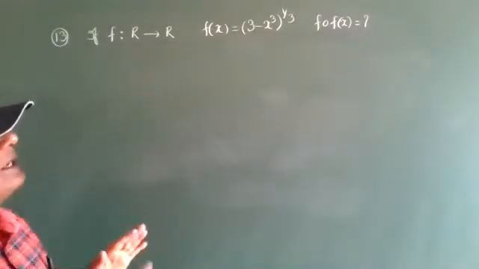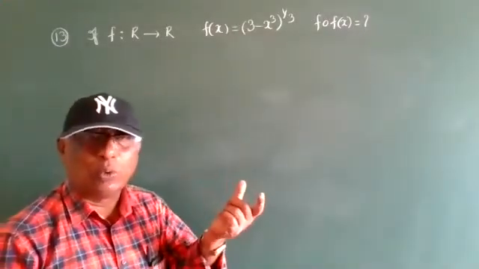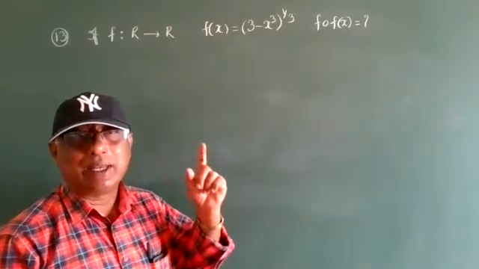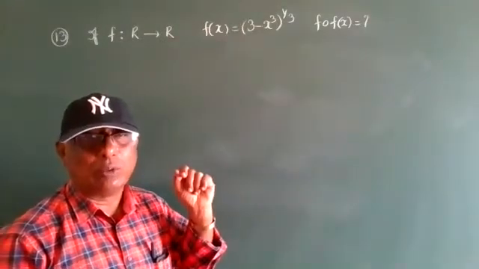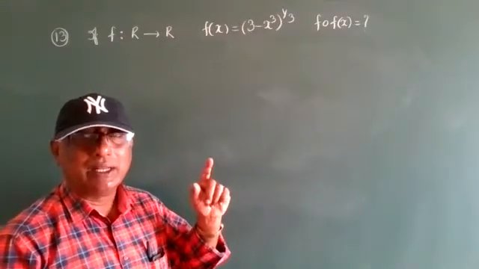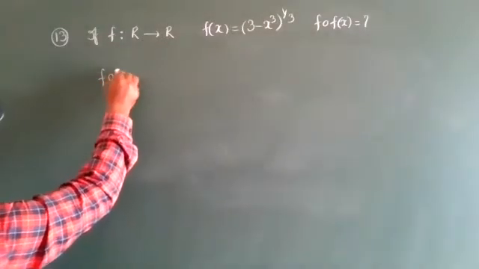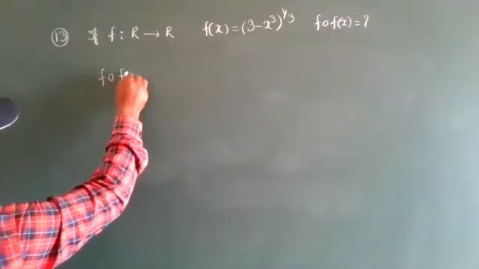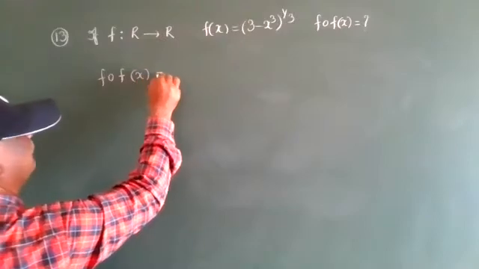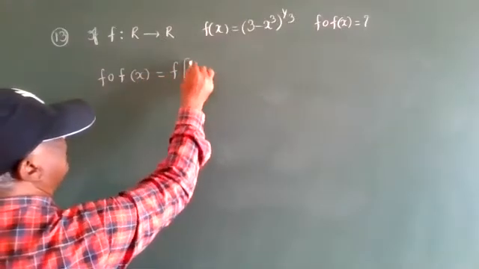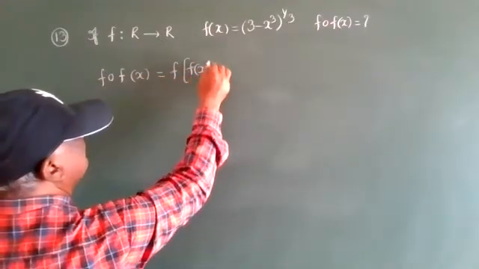Let 3 minus x cube be equal to y. Okay now? Then I will take first f circle f at x, which means f of f of x.